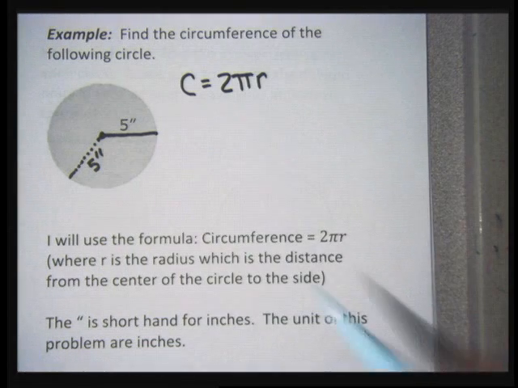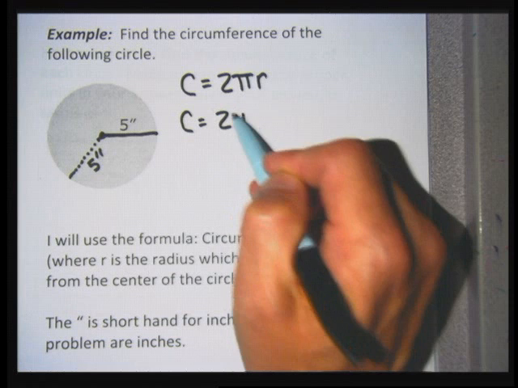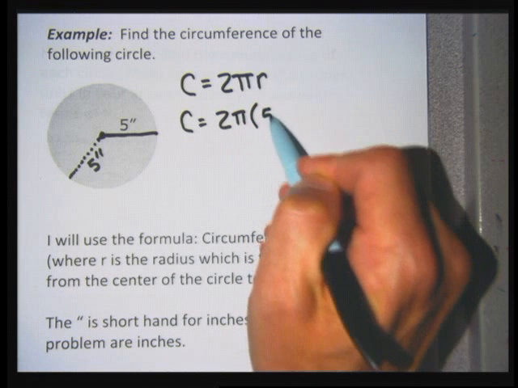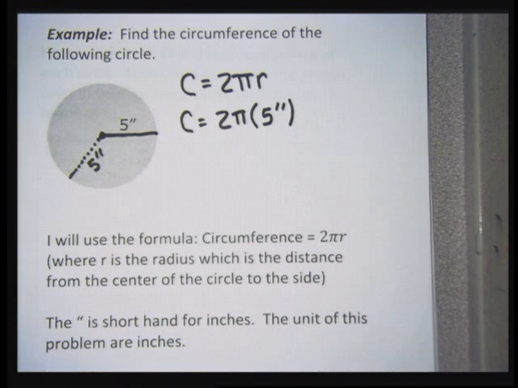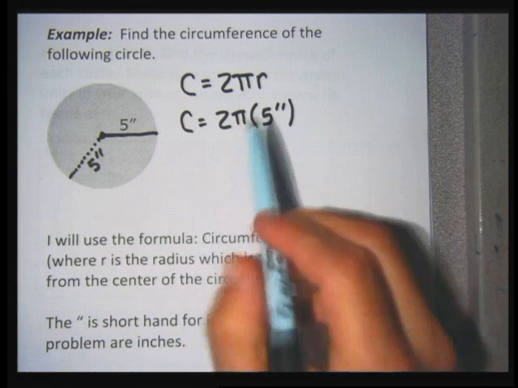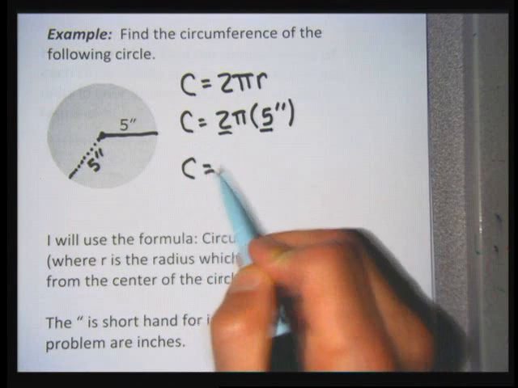If I put the inches in my computation, it's okay. They need to be in my answer. So that's the formula, and to simplify this formula, I'm just going to multiply the 2 and the 5, and I'm going to leave the inches at the end.